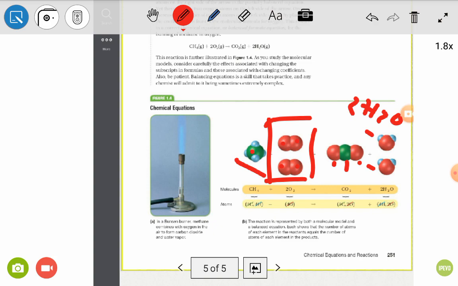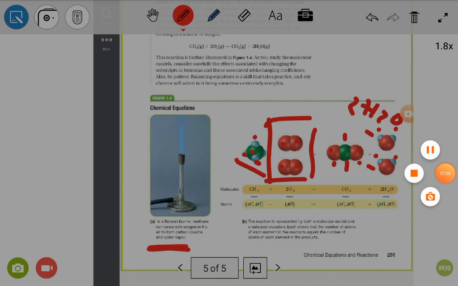As you can see, it is 4 hydrogen atoms. What is going to be produced? 1 carbon atom, 4 oxygen atoms, and 4 hydrogen atoms. In that case, we have a totally balanced chemical equation, and a Bunsen burner is used to produce such a reaction.